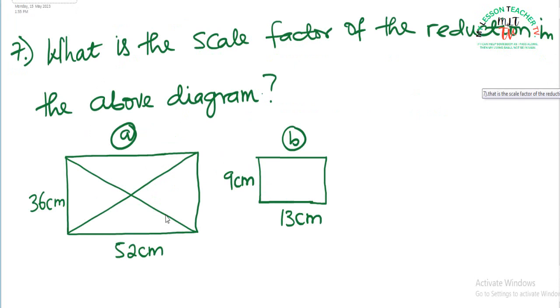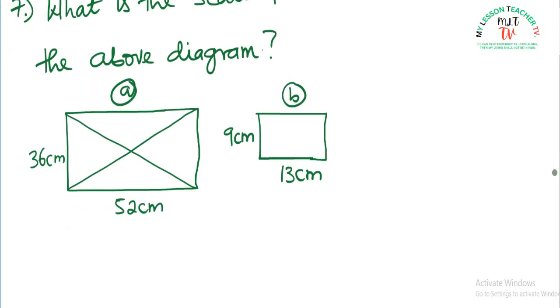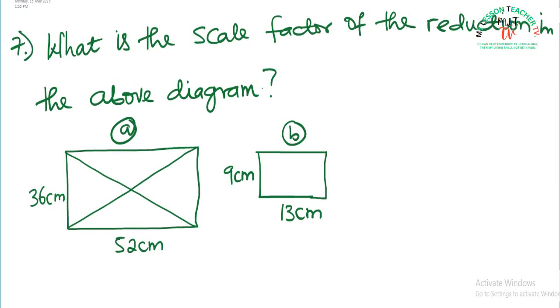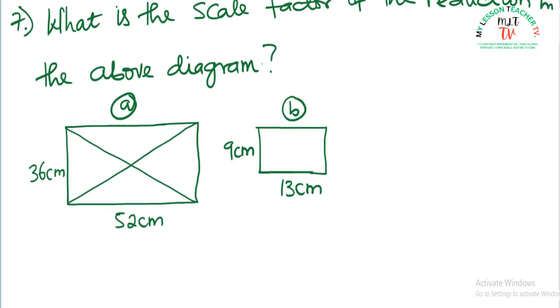Question 7 says, what is the scale factor of the reduction in the above diagram? We have 2 diagrams, A and B, with sides 36 by 52 and sides of triangle B to be 9 centimeter by 13 centimeter. Now, for you to find the reduction factor or scale factor, all you need to do is find the ratios of each side.